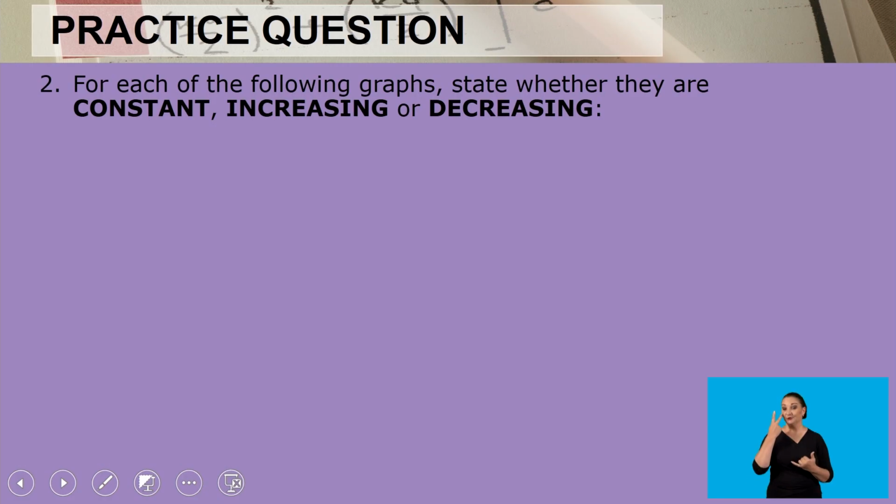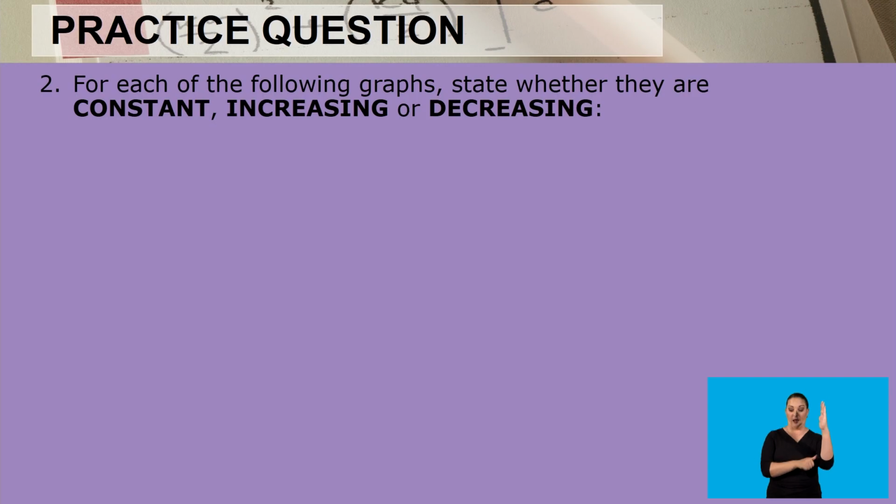What about when it comes to constant, increasing, or decreasing? It says for each of the following graphs, state whether they are constant, increasing, or decreasing. Now, if you can remember, when we are talking about our constant graphs, we are talking about those graphs where, when our horizontal values are increasing, our vertical values remain the same.